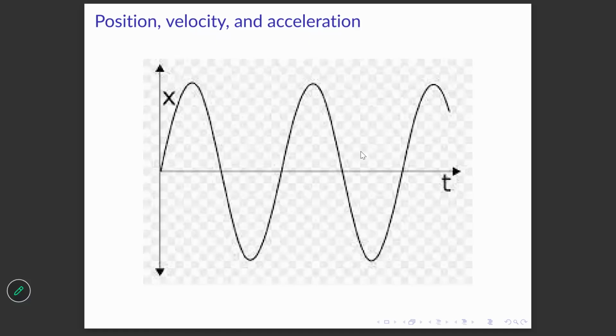I want you to be able to look at a position-time graph again and not just see a wiggle, but see that there is a big negative velocity here. The velocity is large because the slope is steep and negative, but there's not much acceleration because the slope is like a line.